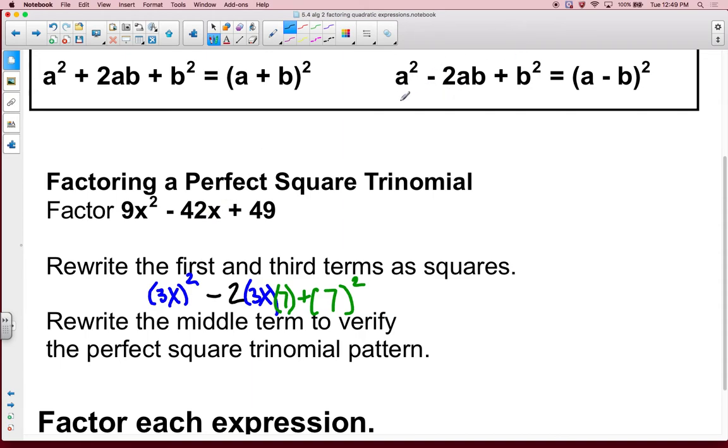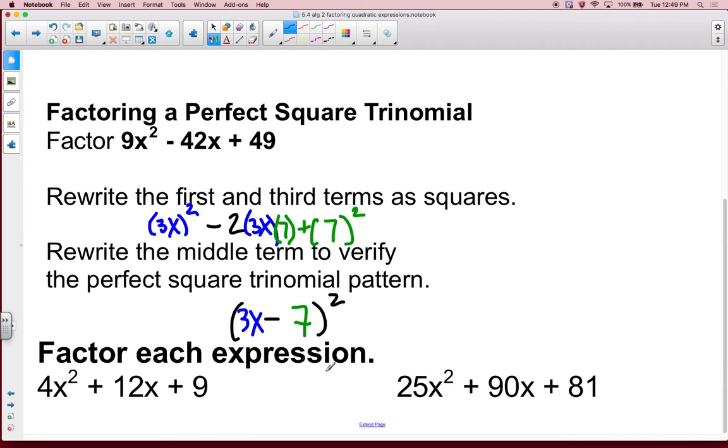Since it is in this form here, we can now write it as a minus b squared. We have our a, which is 3x, minus our b, which is 7, and this is factored.